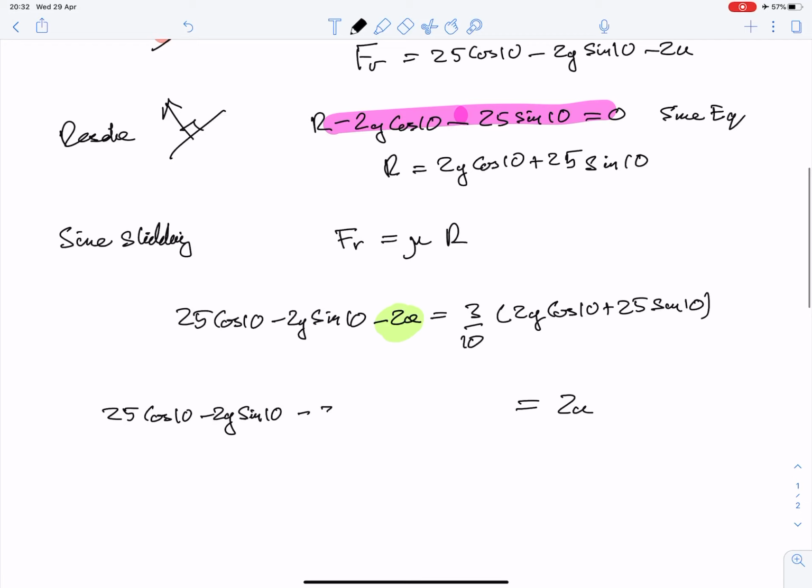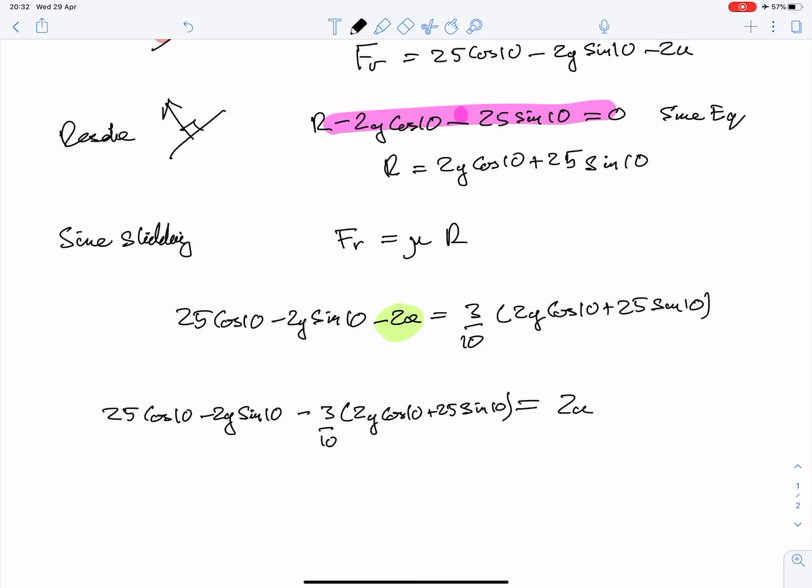So minus 3/10 of 2g cos of 10 plus 25 sine of 10. And really it's pretty much a calculator activity at that point.